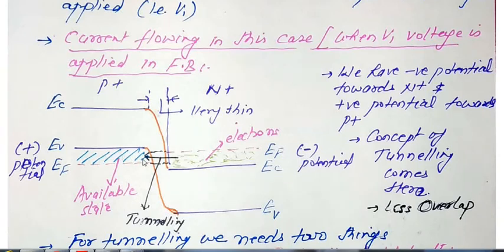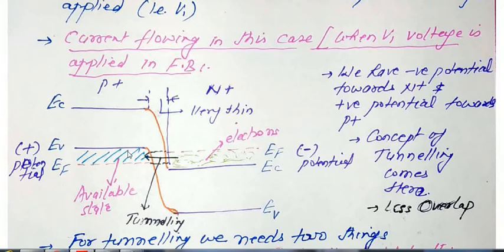And also the overlap, this and this is the overlap. If I extend this here and extend this here, then there will be some overlap portion. So here we also have overlap between two regions in some proportionality. So what happens in that case is that some amount of electrons from this n plus side find some available state towards the p plus side.